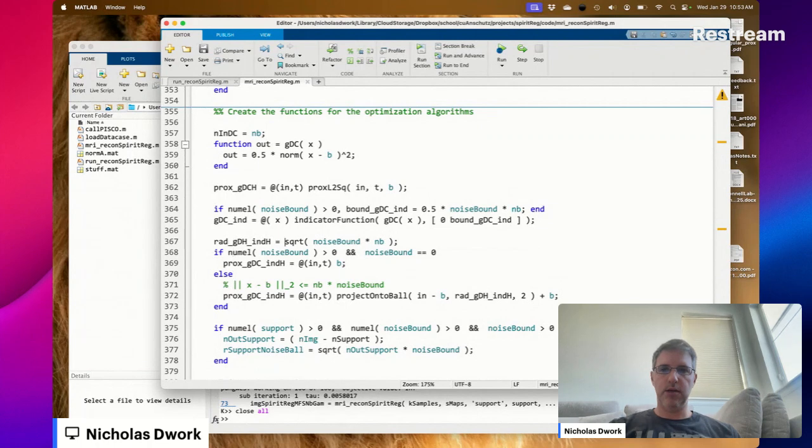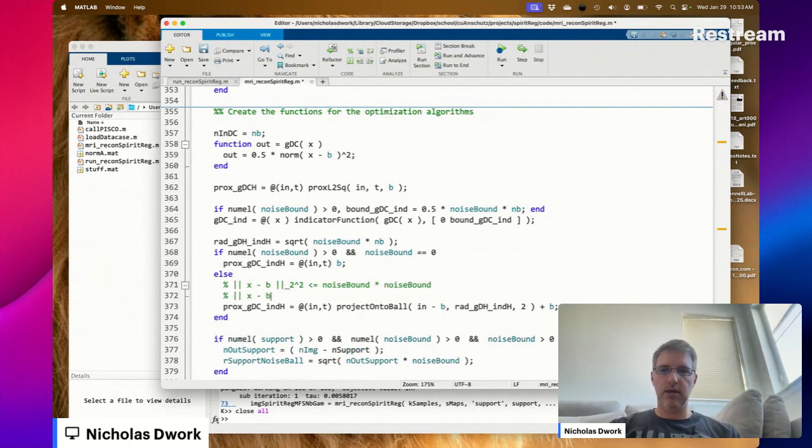So why is there a square root here? Oh, this should have been noise bounds. Wait, noise bound, right? Oh, because this is squared. Okay. It's that times noise bound, which is less than or equal to square root of noise bound, not noise bound, but NB. NB.